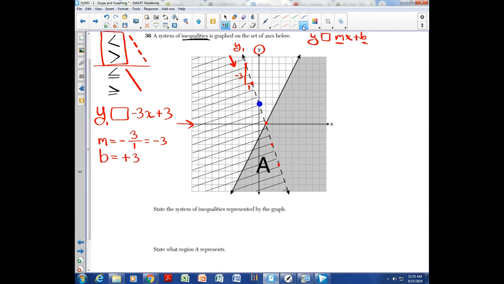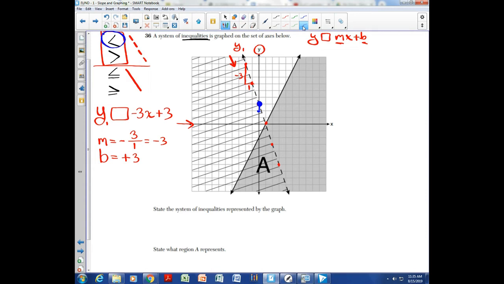But what I really want to do is go up or down from that point and see if we are in or not in the solution. If I go down from that, I notice that all of a sudden I'm stepping into the solution. Well, when you go down on the y-axis, that means you're going to a place where y is less than. So the less than symbol, reading from left to right, is this one up here.